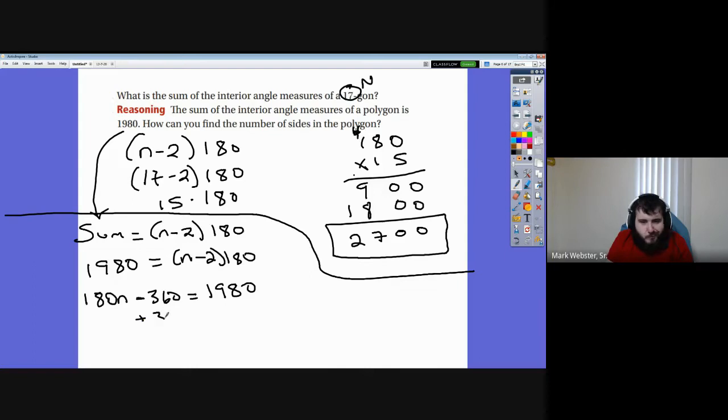Let's add. So what do I get? I get 180n equals 8 plus 6 is 14. 12, 13, like that. And then I'm going to divide by 180.